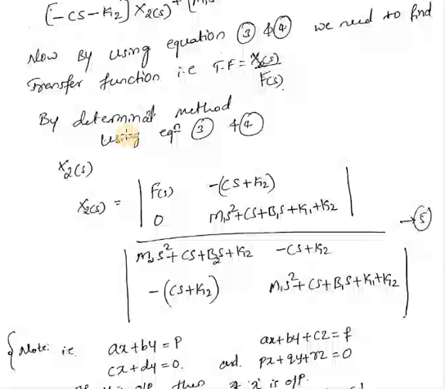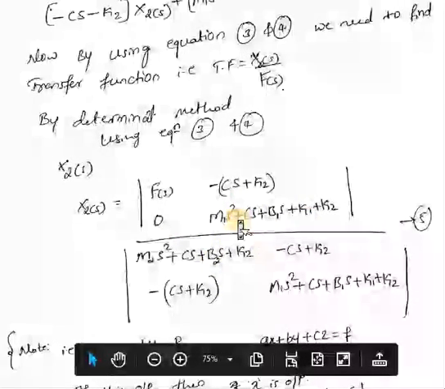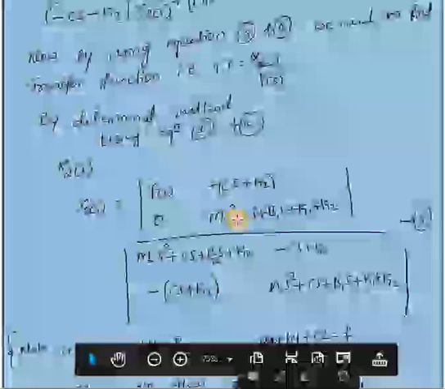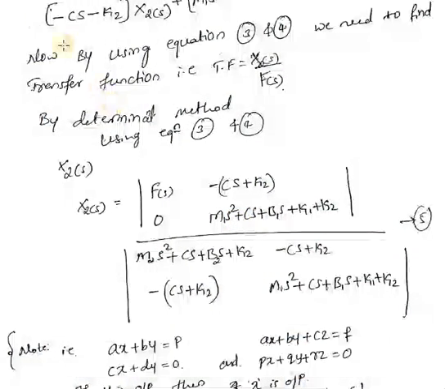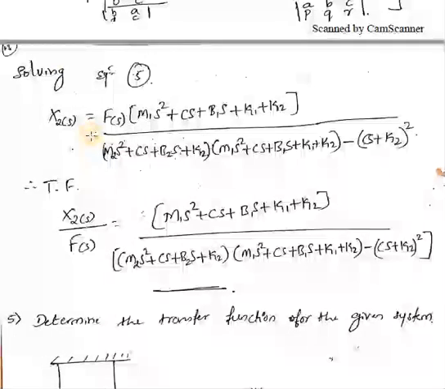By using the determinant method, if you write the equation for x2 of s, you will get this determinant. After solving this determinant, you will get x2 of s equal to f of s into m1 s square plus cs plus b1 s plus k1 plus k2, divided by this term.